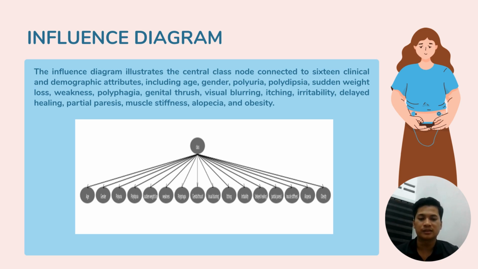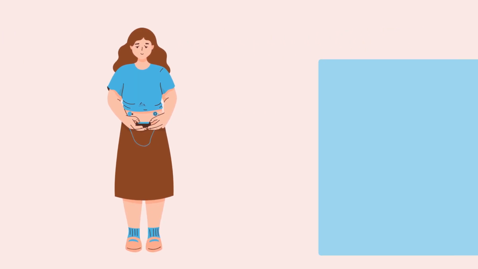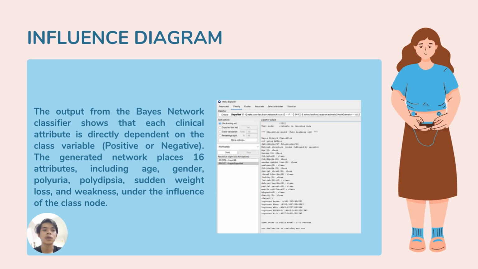This structure highlights how each attribute directly influences the final diabetes risk classification, making the relationships between variables clear and easy to interpret.